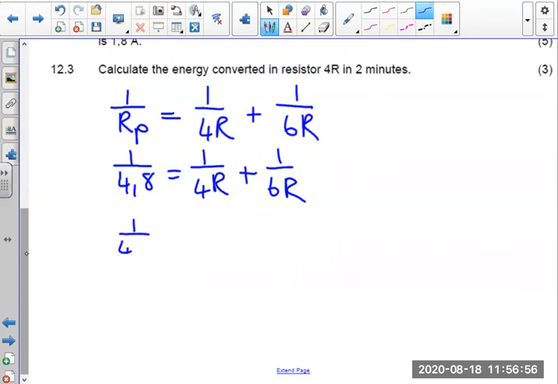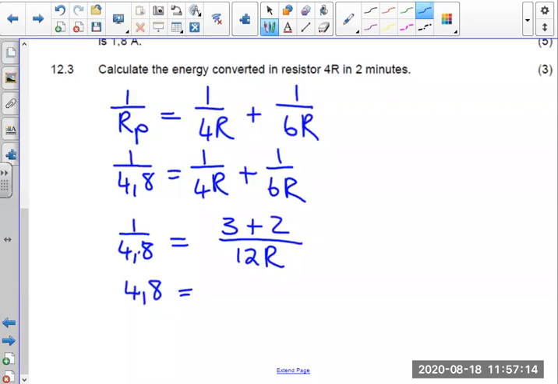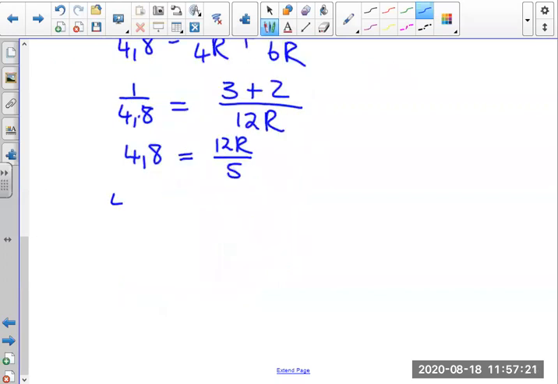So we can actually say 1 over 4.8 equals, it's going to be 12R at the bottom. 4 times 3 is 12 and 6 times 2. So it's 5 over 12R. So I can say 4.8 equals 12R over 5. So when I solve this, it's 4.8 times 5 divided by 12 equals R.